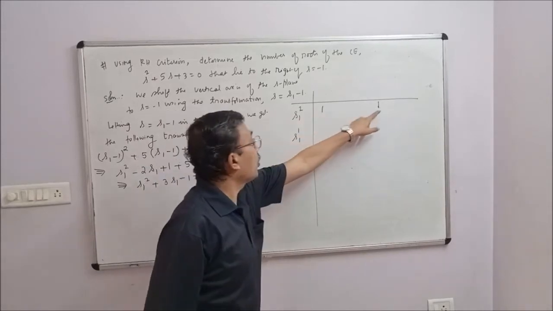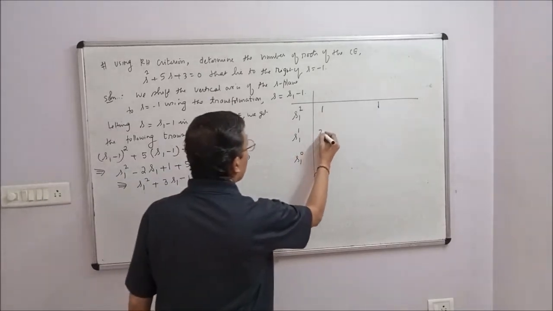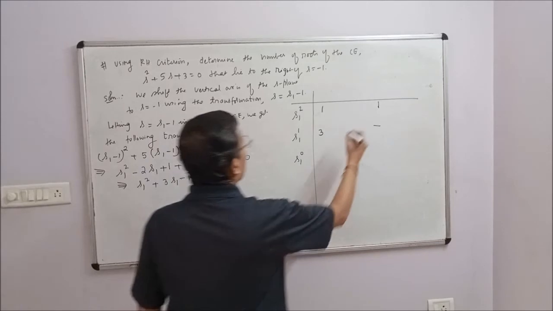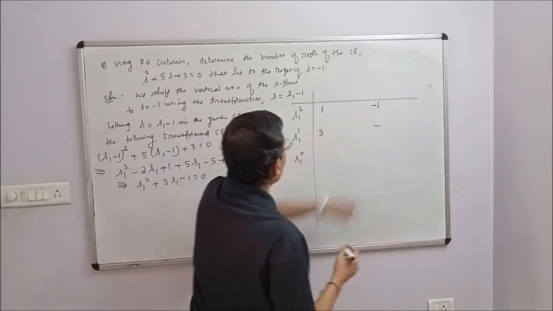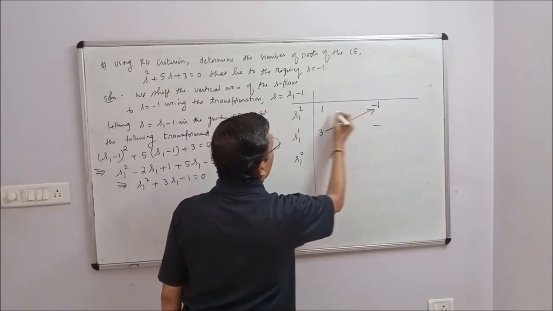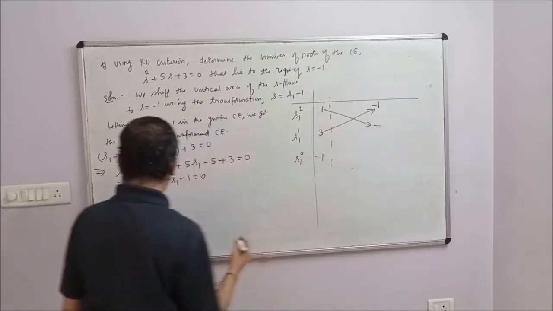This is the coefficient of s1 to the power 0. Coefficient of s1 to the power 1 is 3. This is nil. This is actually minus 1. What is this? 3 into minus 1, minus 1 into 0 by 3 means minus 1.